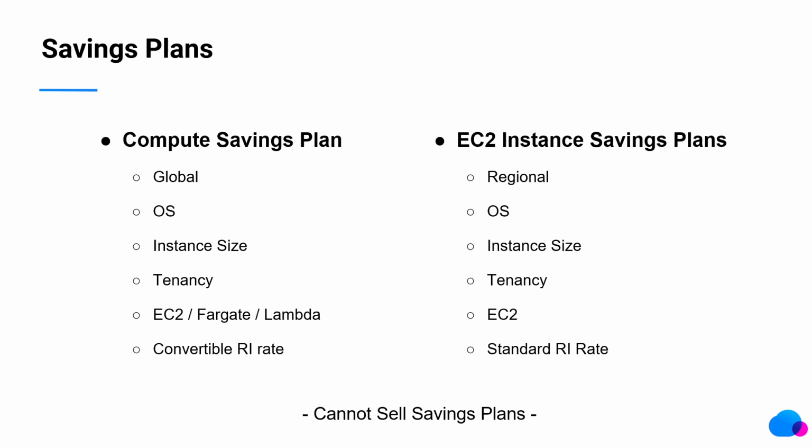It does happen, but it's not as common a use case as simply saying, okay, I want to up the size, or the server's at capacity, we need to increase it and get a little bit more power behind our services. The big benefit of this is that you do get the standard RI rate. So you get the increase in savings for the trade-off of not having as much flexibility as the compute savings plans have.